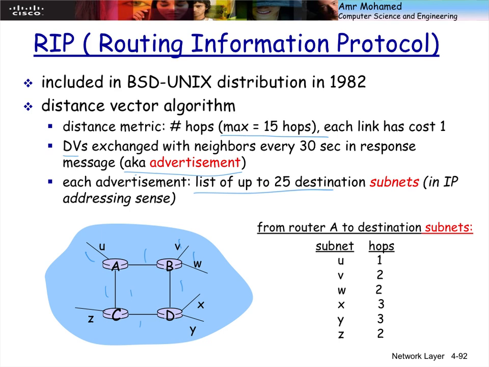But what if there are more than 25 entries? That practically happens, even for RIP. In that case, you have to send multiple route advertisements, 25 entries per message. So we send the first 25 entries from the routing table in the message, and then the second 25, and then the third 25, and so on.